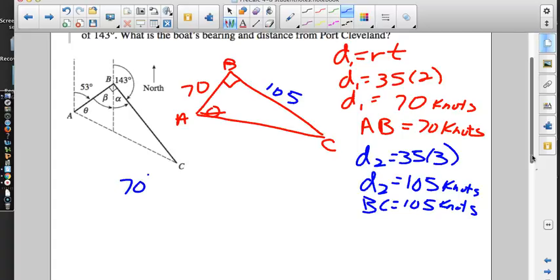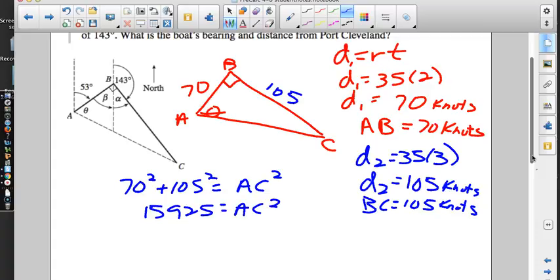And say 70 squared plus 105 squared equals, let's put AC squared, so we're using the right geometry notation there. So 70 squared plus 105 squared, we're going to have 15,925 equals AC squared.